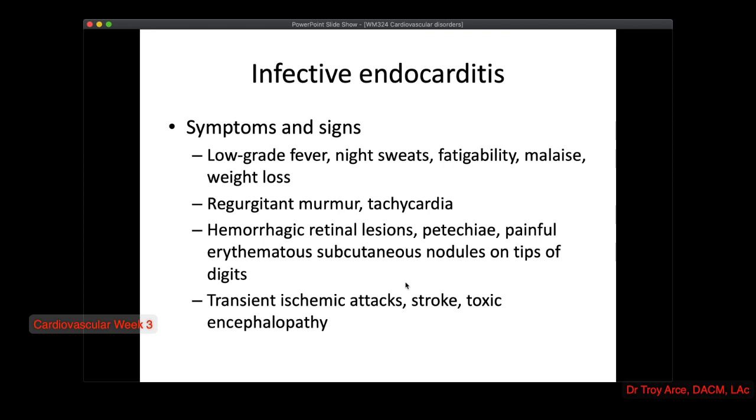Signs and symptoms of infective endocarditis are low-grade fever, night sweats, fatigability, malaise, weight loss, regurgitant murmur, and tachycardia. You're going to have hemorrhagic retinal lesions, petechiae, painful erythematous subcutaneous nodules on the tips of the digits, and transient ischemic attacks, TIAs, strokes, and toxic encephalopathy.